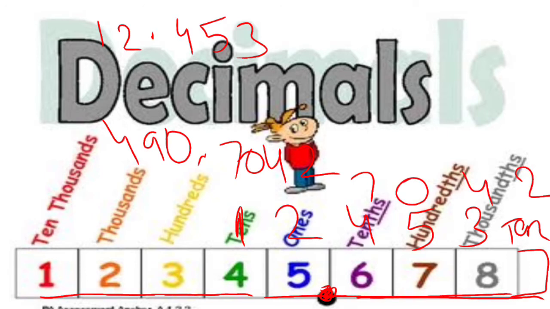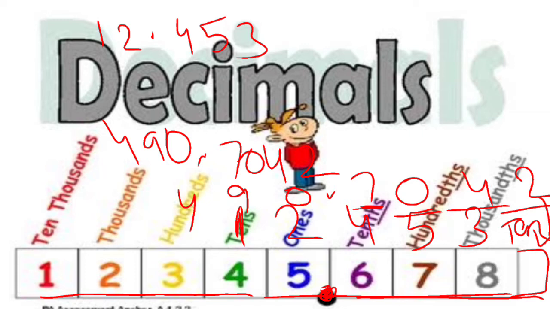So this will come at the place of 10,000ths, and here 490 we will represent. Sorry, I wrote 4 at the ones place. You have to write 4 at the hundreds place, 9 at the tens place and 0 at the ones place. After the decimal, 7 is at the tenths place, then hundredths, thousandths and ten-thousandths. So you represent the numbers in the decimal place value chart like this.